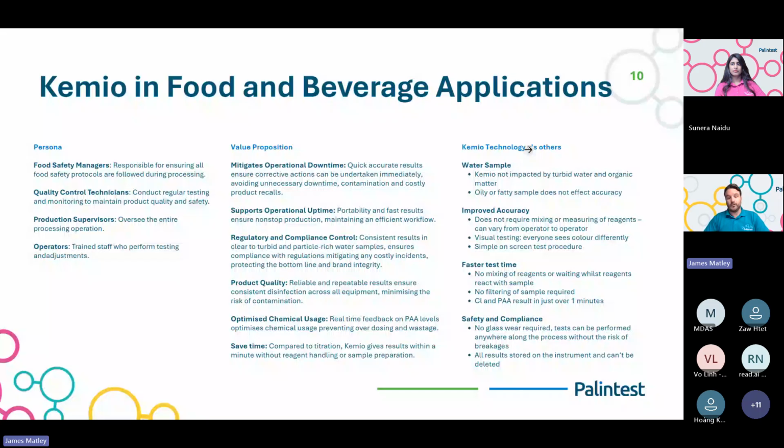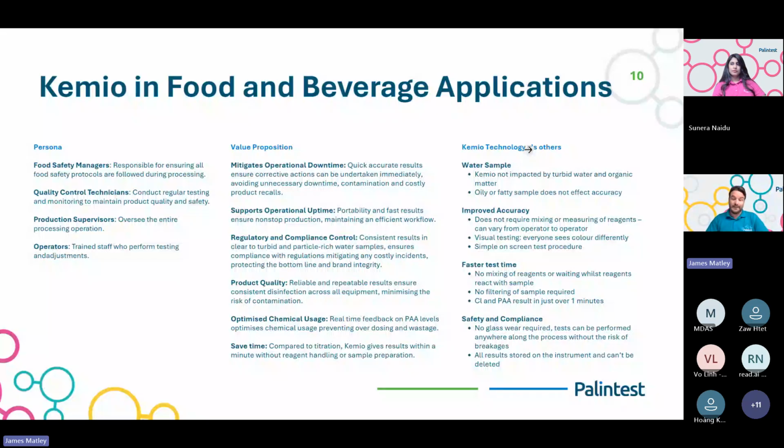Compared to other instruments such as photometry, where you'd have to filter the sample if it was dirty or coloured to remove that discoloration, which will affect the reading due to the light. So, also regulatory and compliance is safety. So there's no glassware required with the KMO. So there's no issue with breakages or any parts of the instrument getting into the process.